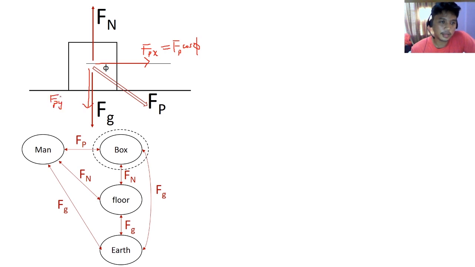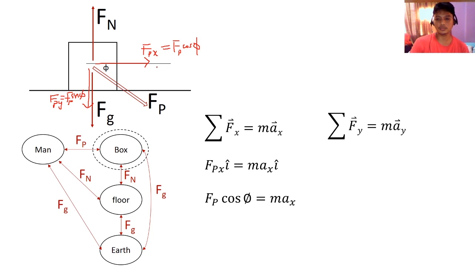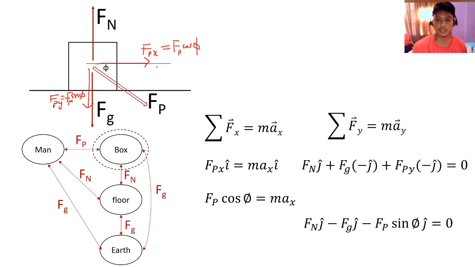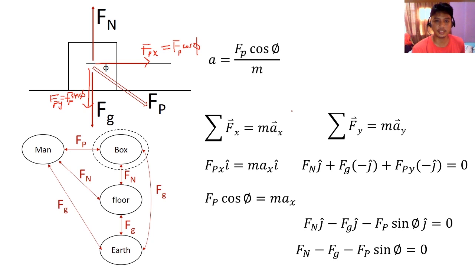So we still have one force along the x, but we now have three forces along the y. But these three forces don't contribute to anything because the acceleration is still zero. And by anything, I mean we're just trying to calculate the acceleration. Solving for the acceleration, we now notice that the acceleration is Fp cosine phi over m.